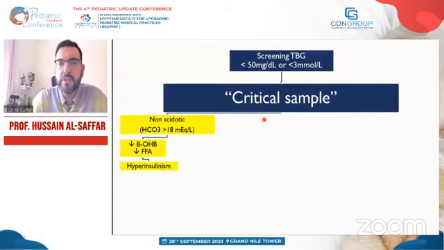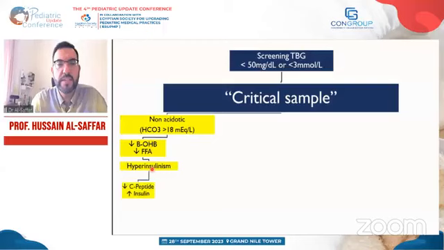Beta-hydroxybutyrate can be measured at the bedside, or a sample can be sent to the lab. If we have low ketones and low fatty acids, a non-acidotic sample with hypoglycemia, so non-ketotic hypoglycemia, then likely we are dealing with hyperinsulinism.